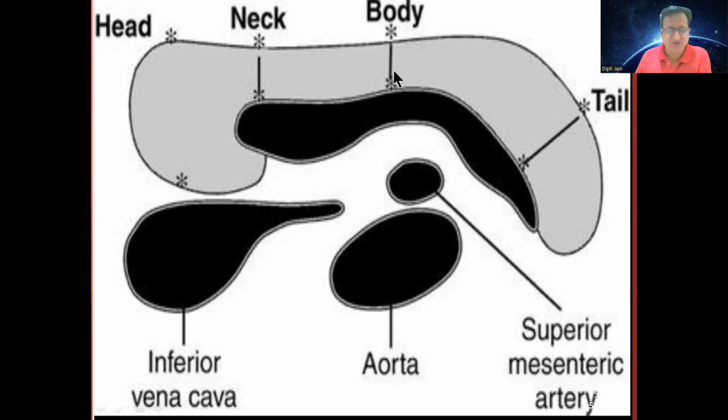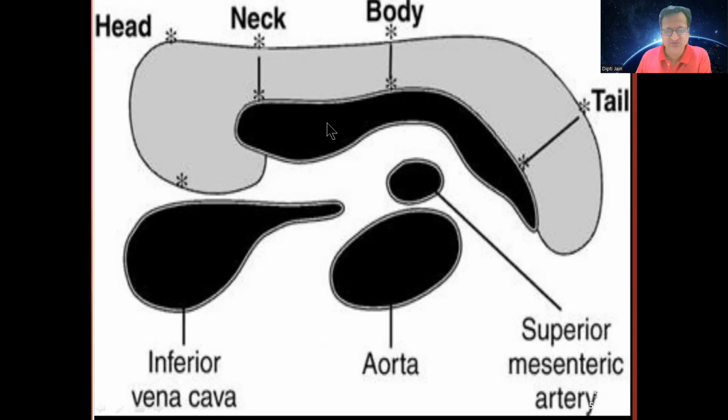So this is the pancreas and this is the head, this is the body and this is the tail, and head is adjacent to the neck. So in between body and head there is a neck.